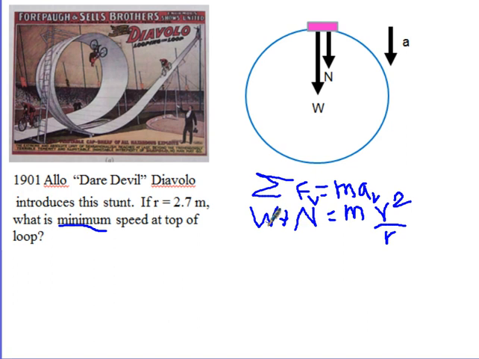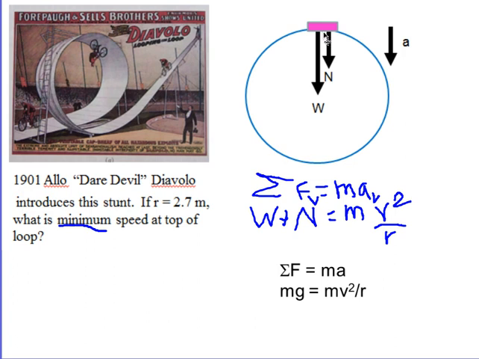That's completely determined by Diavolo's mass and the acceleration due to gravity. And so the normal force, as Diavolo goes slower and slower across the top, this vector will shrink until at the minimum this vector will have become 0. And the equation you'll be dealing with, instead of w plus n, will be just w as you go across the top.